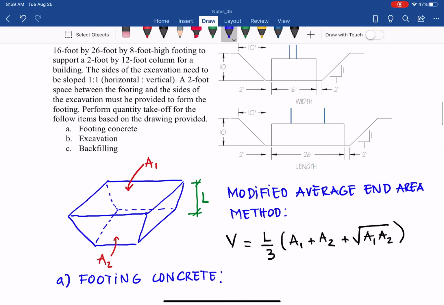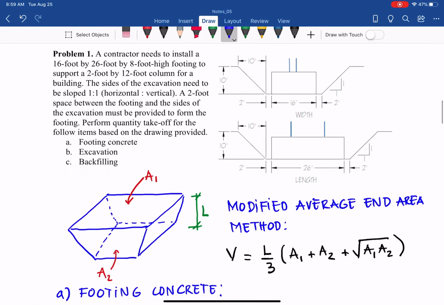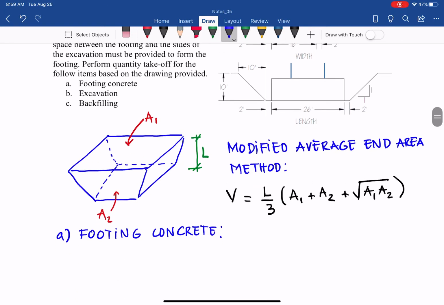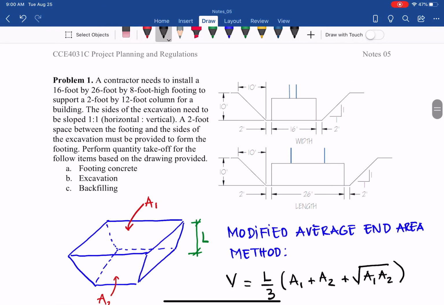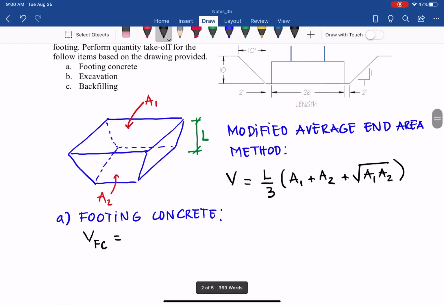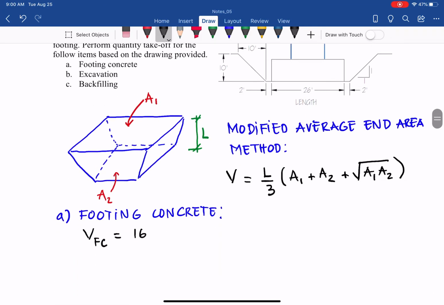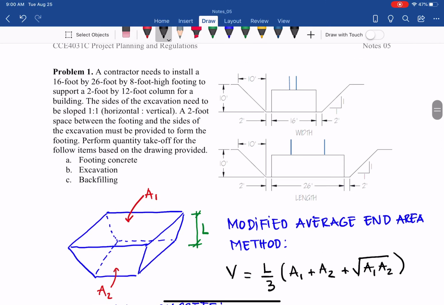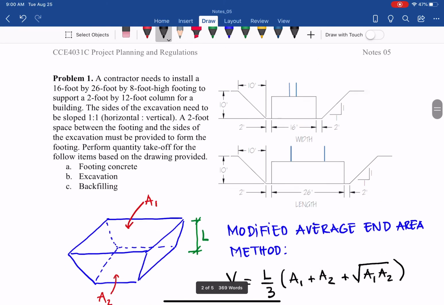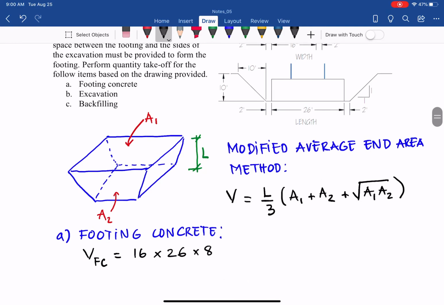With the footing concrete, as you can see here, they give us basically a box that has a width, a length, and a height. So you just go ahead and find the volume of footing concrete, which I call FC. It equals 16 feet by 26 feet by 8 feet high, so 16 times 26 times 8, and this is feet times feet times feet, which gives cubic feet.